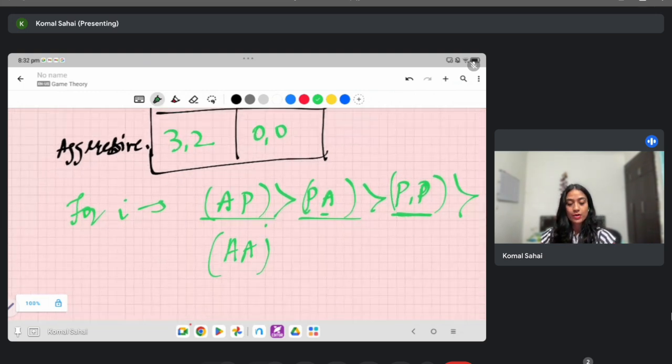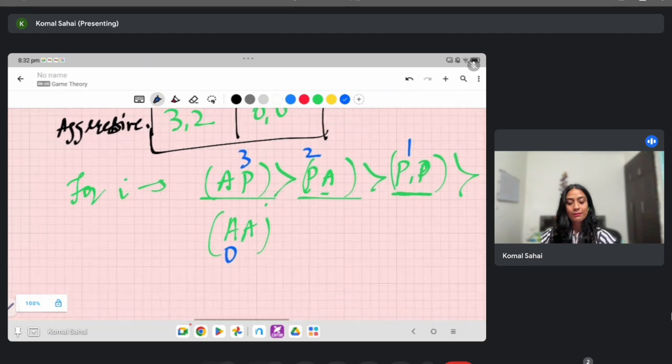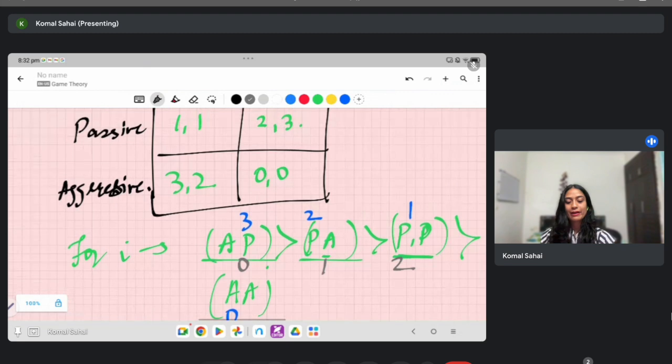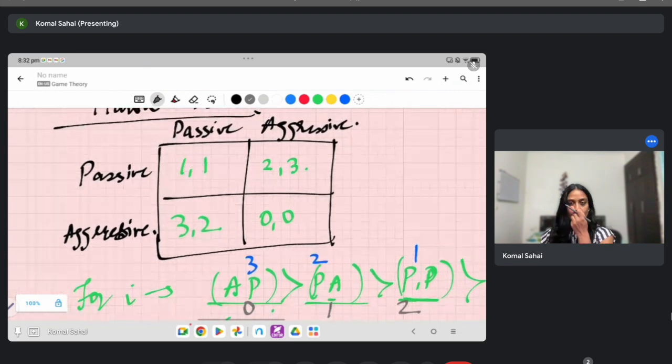I've just put numbers, you put this 3 2 1 0. This is for player 1, for player 2 it will be reversed. For player 2 it becomes 0 1 2 3, and this is what I have put over here.